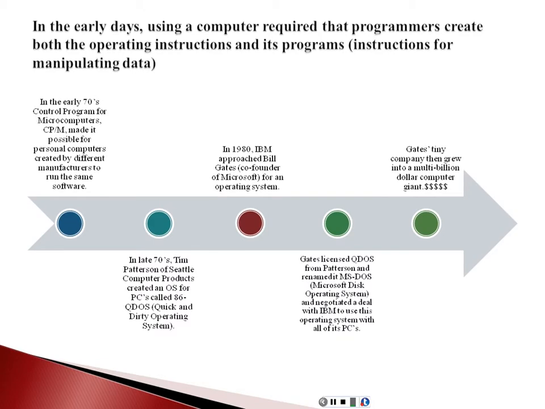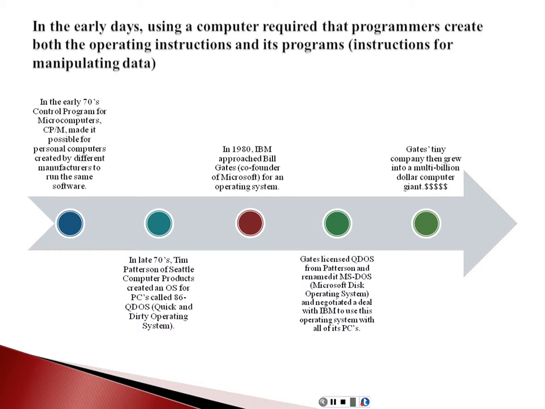Now, back in the olden days, or in the early days of computing, when you used a computer, you were required to write the operating instructions and also any programs or instructions for manipulating or processing the data.